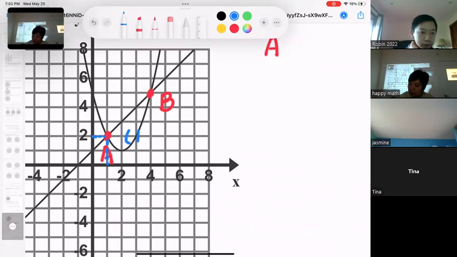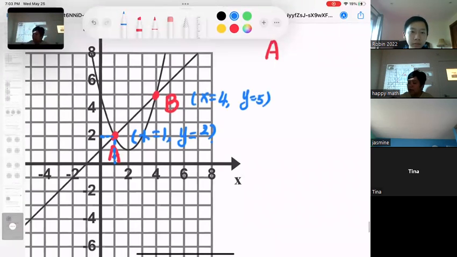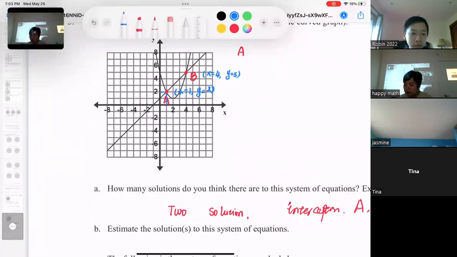X is 1 for A. X is 1. How about Y? Y is 2. Is that X equals 1 and Y has to be 2, right? How about B? What is X? X is 4 and Y is 5. Yeah, so X is 4 and Y is 5 will be the solution to the system of equations. Does everyone agree with that?